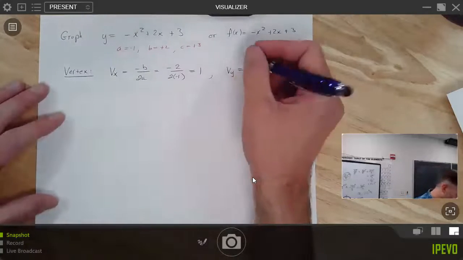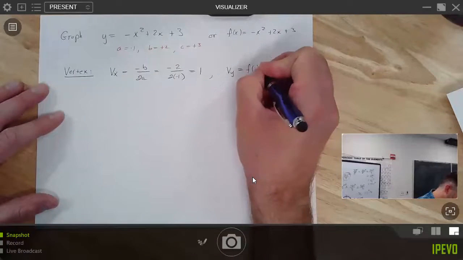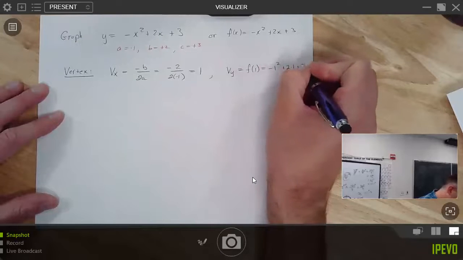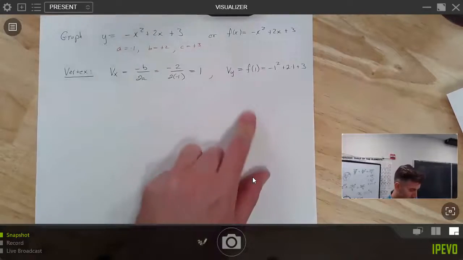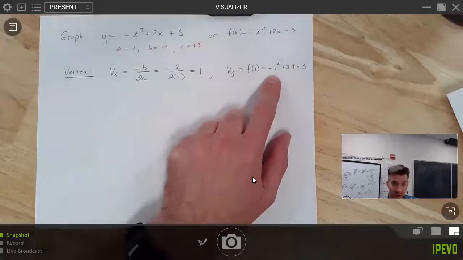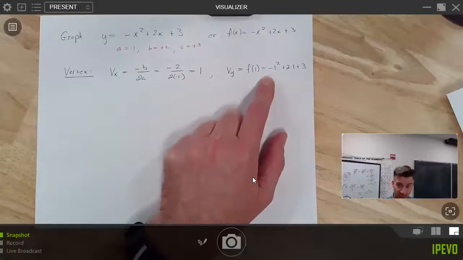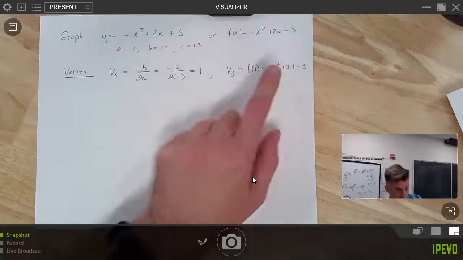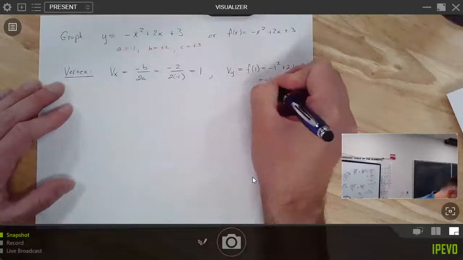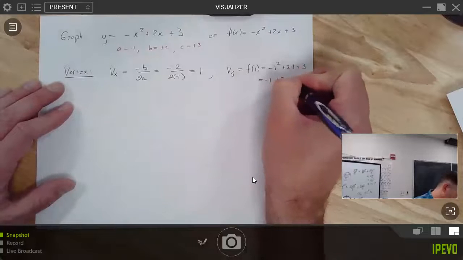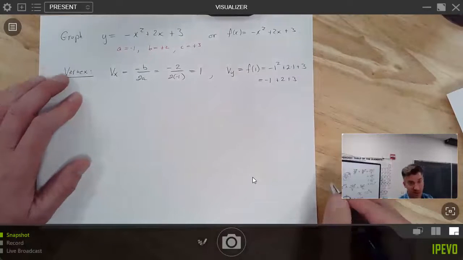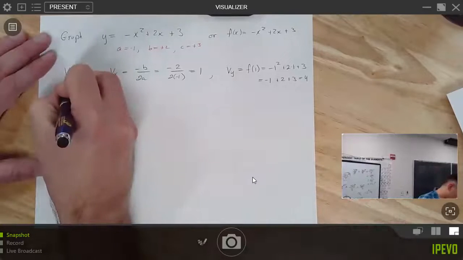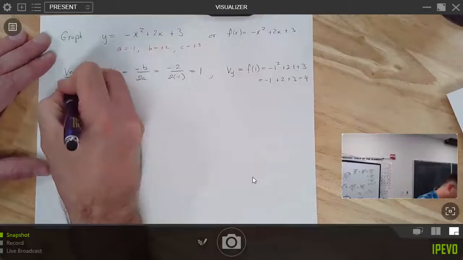So I'm plugging in 1 for x, and I'm getting negative 1 squared plus 2 times 1 plus 3. Be careful here. That negative 1 squared is square first, negative after. So it's 1 squared, which is 1, and then the negative of 1, which is negative 1. So this is negative 1 plus 2 plus 3, which is negative 1 plus 5, which is 4. So my vertex is the point (1, 4).